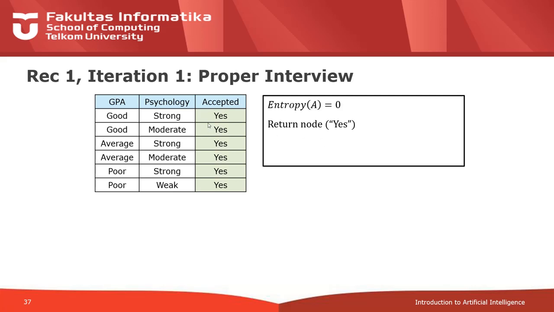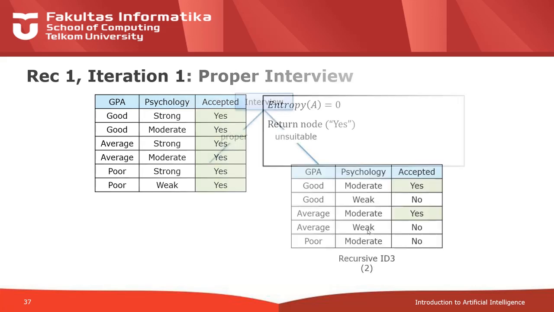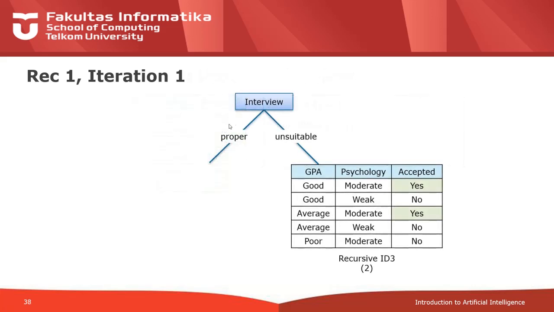So that means we already have a leaf node. We do not have to process this node again. So meaning that if interview is proper, then it is directly a yes. So there is no more subtree here. Okay.